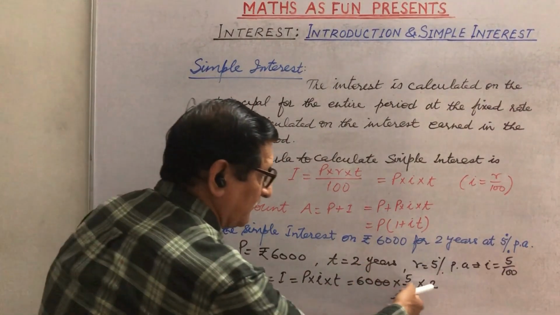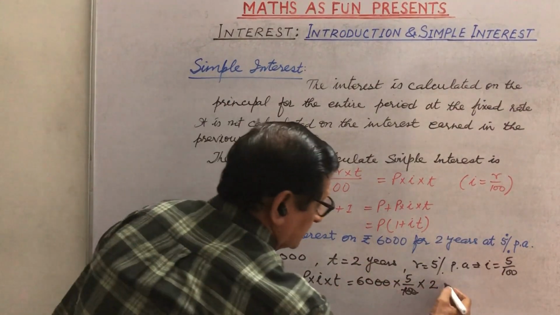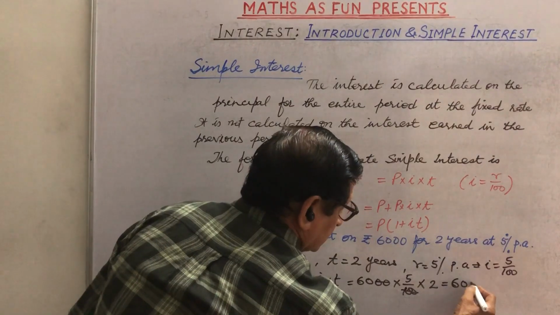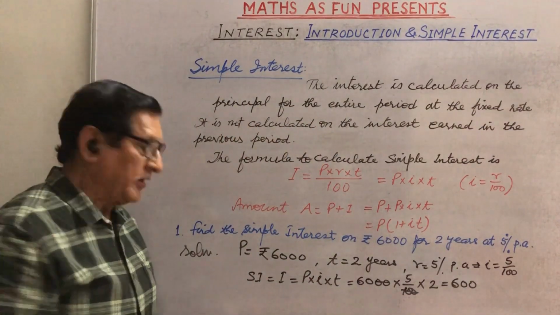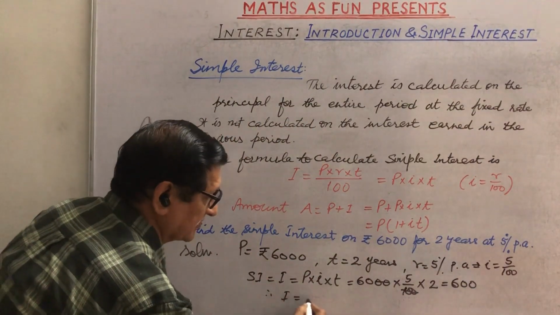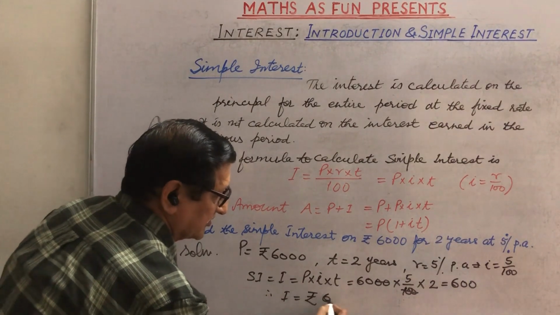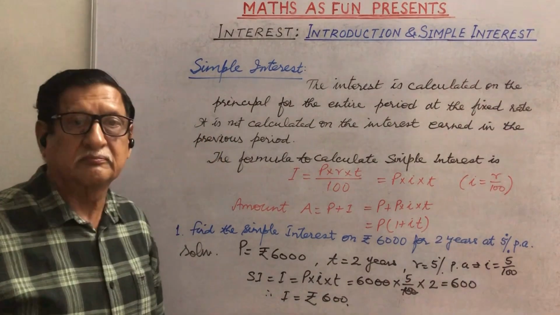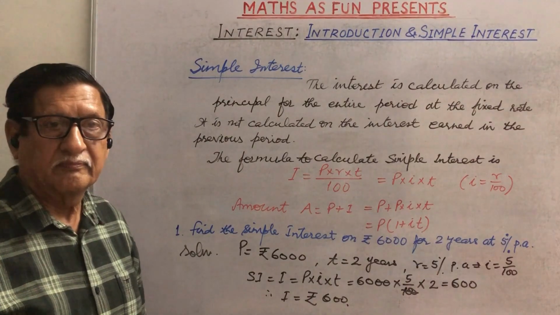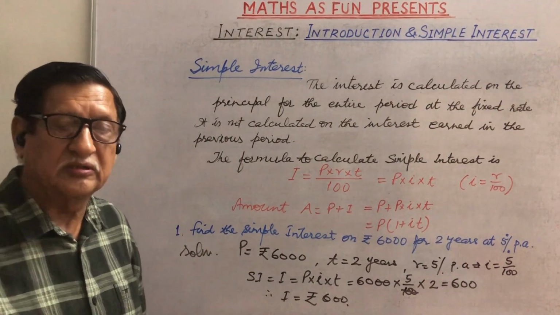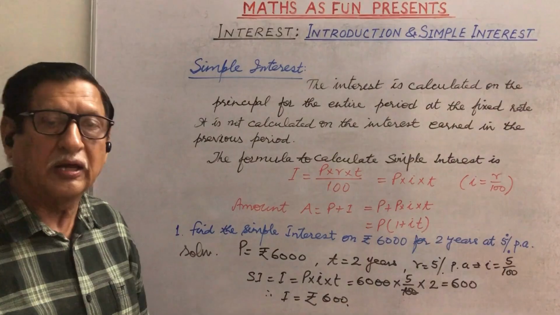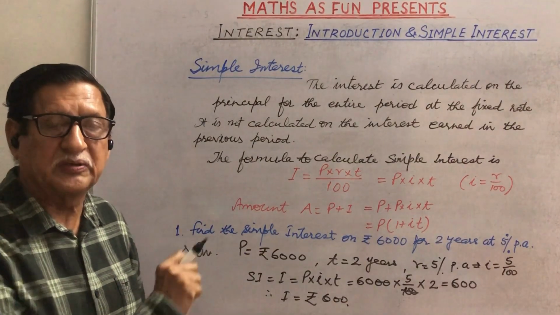And we are getting the answer 5 into 2, 10 into 6, that is 600. It means the interest here is rupees 600. This is the way we can calculate the simple interest on any of the money which has been borrowed or lent.